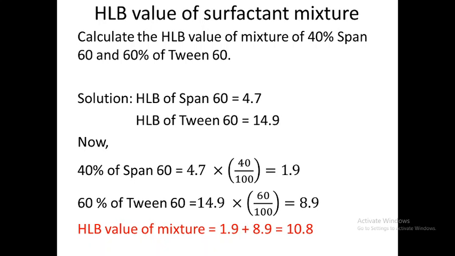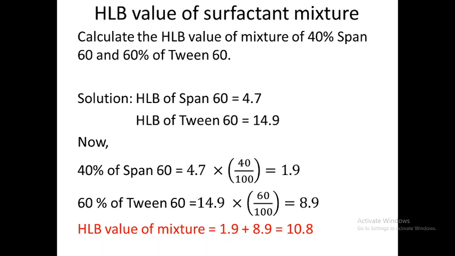Suppose I have one problem: calculate the HLB value of a mixture of 40% of Span 60 and 60% of Tween 60. The HLB values of these two surfactants are known. The HLB value of Span 60 is 4.7 and the HLB value of Tween 60 is 14.9.